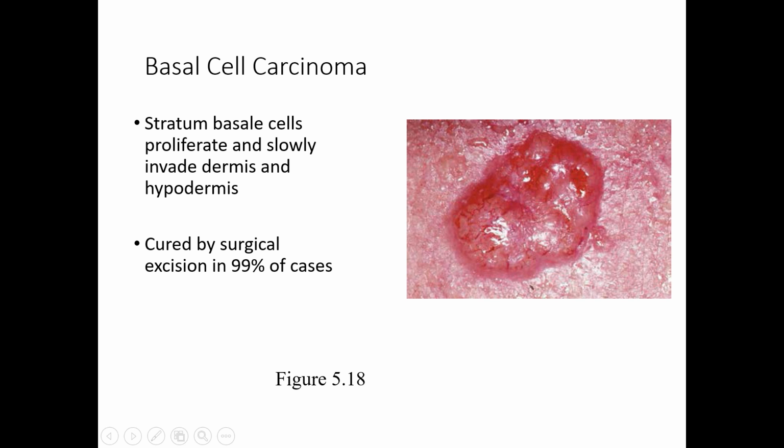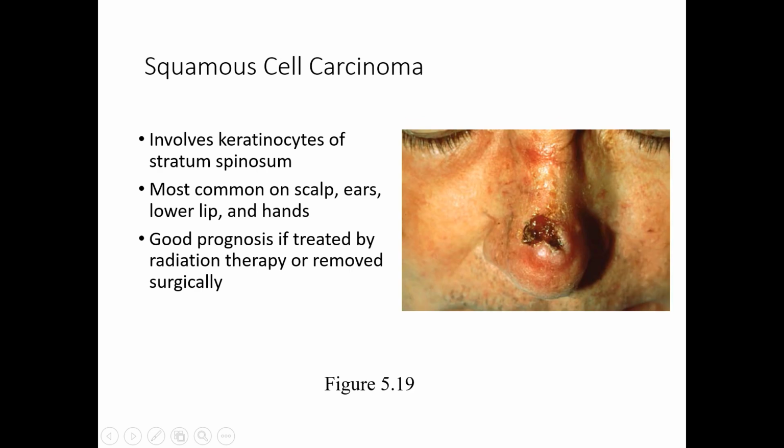Basal cell carcinoma mostly looks just like a bump on the skin, and it practically never metastasizes. It grows very, very slowly, and simple surgery can remove it in 99% of cases, and no additional treatment is required.